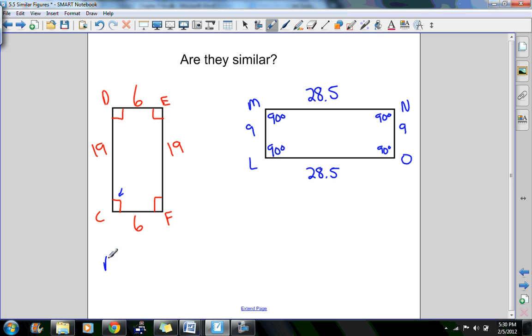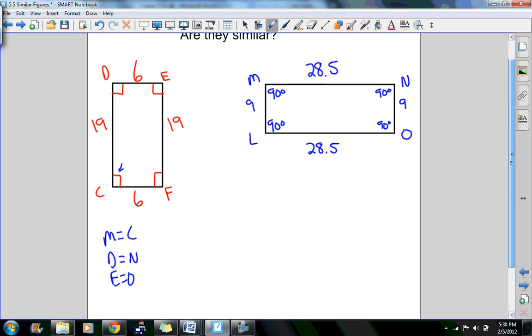So that means M equals C, D equals N, E equals O, and I'm going to extend the page down, and L equals F. Or did I write that backwards? Yep, that's fine. L equals F. Alrighty? So this is rotated around.